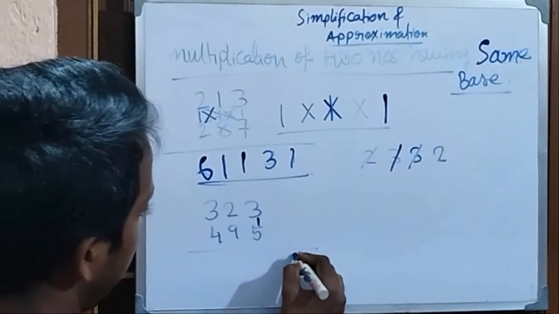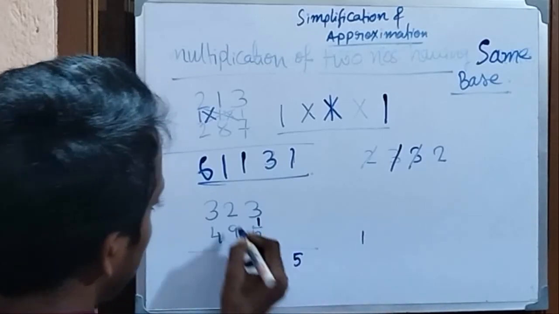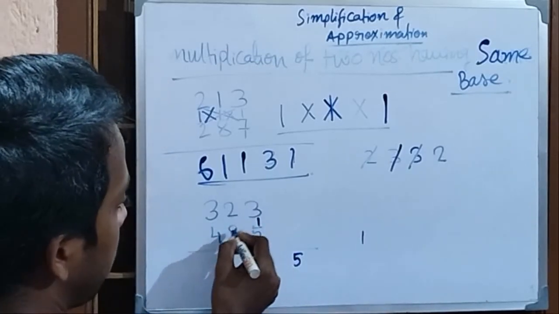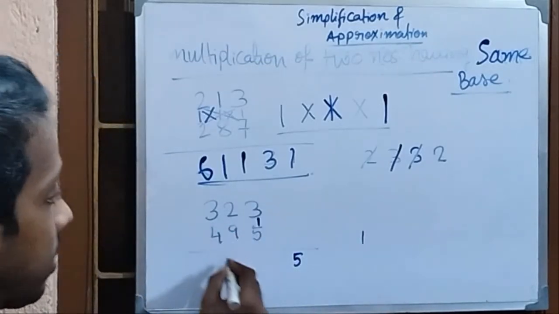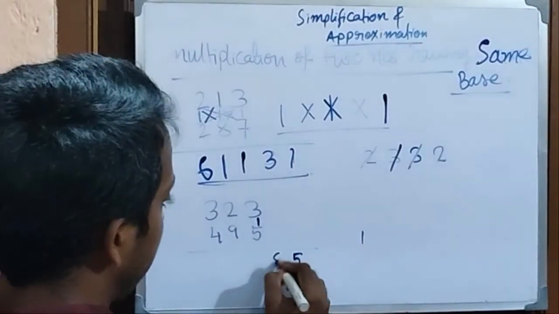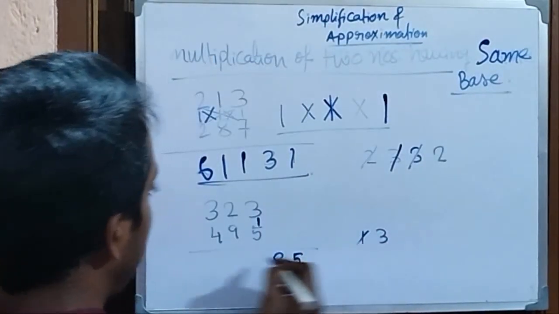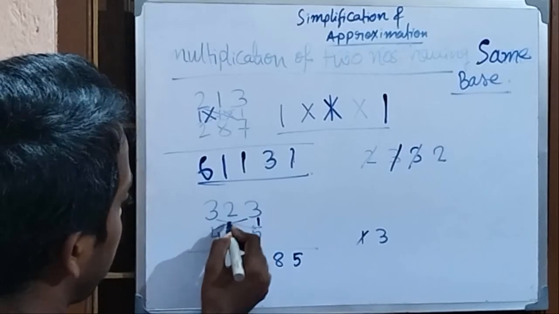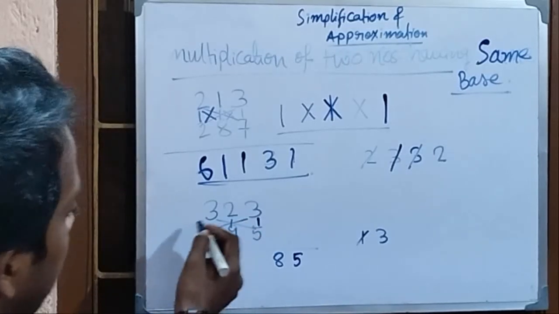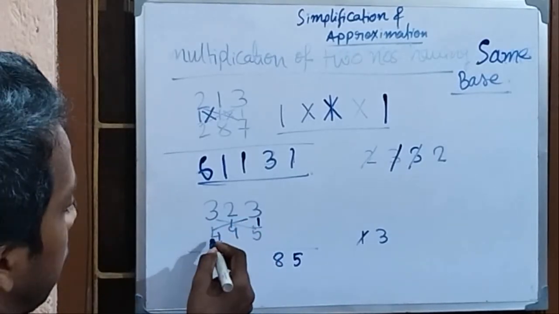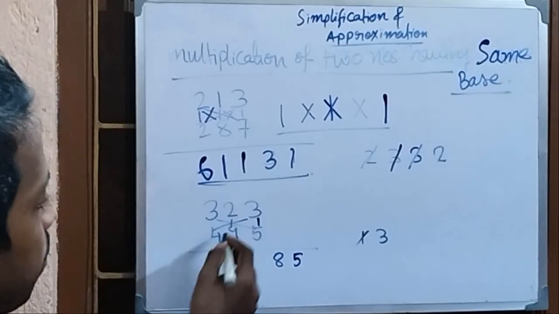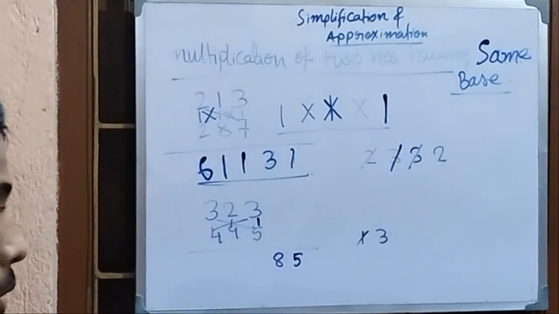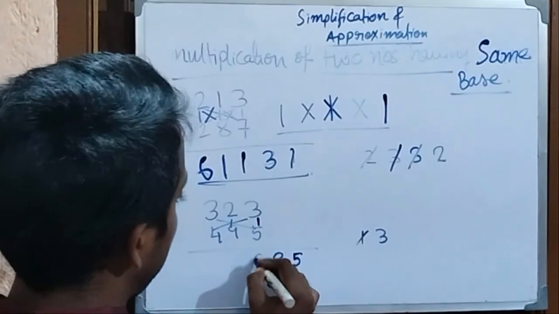3 into 5, 15, 1 carry, 5 into 2, 10, plus 3 into 9, 27, 37, 37 plus 1, 38, 1 gone, 3 is in carry, then again doing this process. So 3 into 5 is 15, 15 plus 3 into 4, 12, 27, 27 plus 9 into 2, 18 means 45, 45 plus 3, 48.